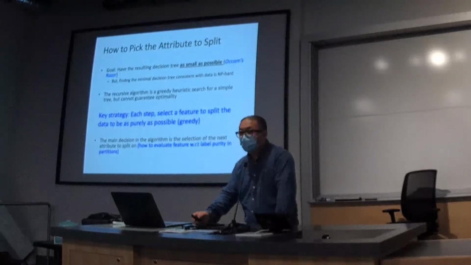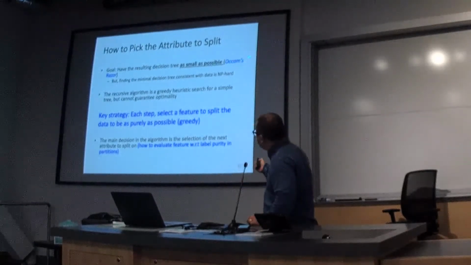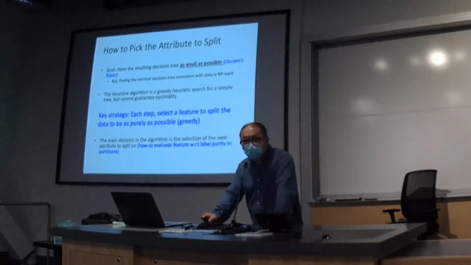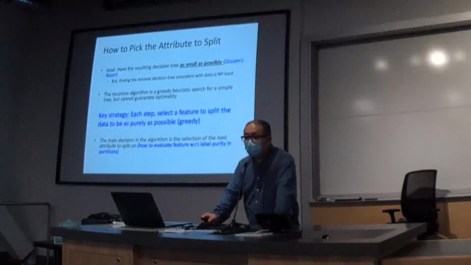So here we're going to obey the Occam's razor principle, meaning that we believe the smallest tree is the best. What does it mean in general? Here I just want to refer to Occam's razor principle.